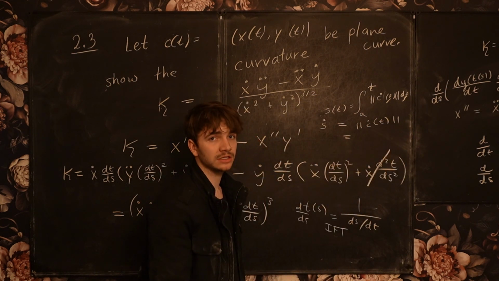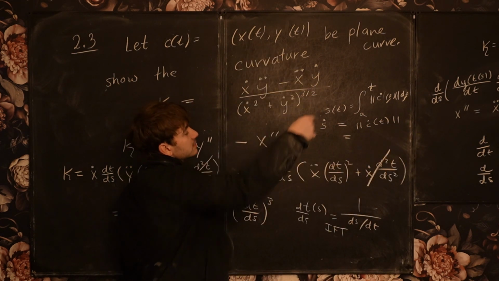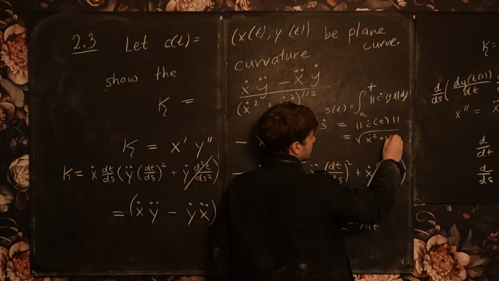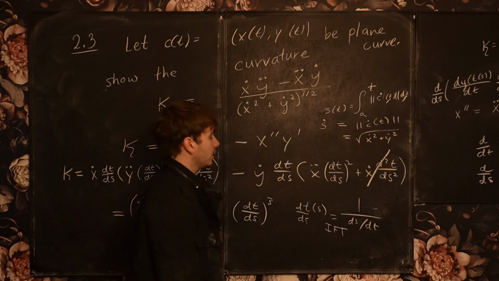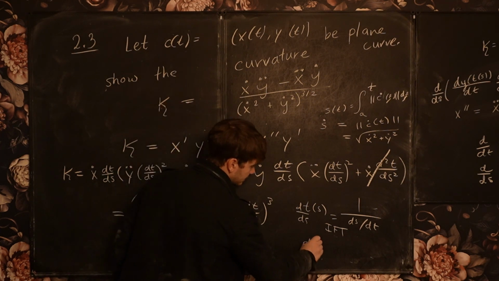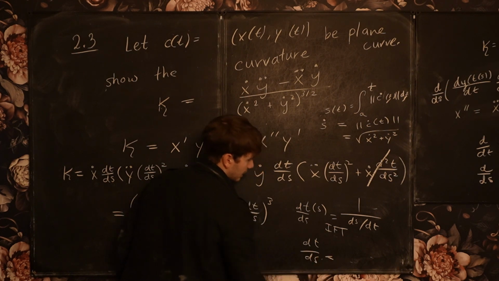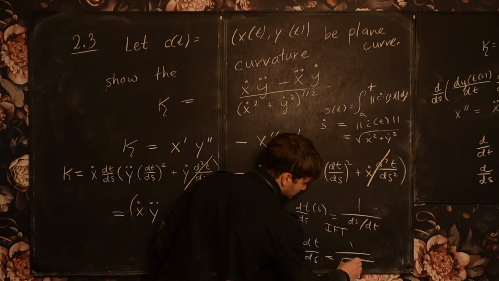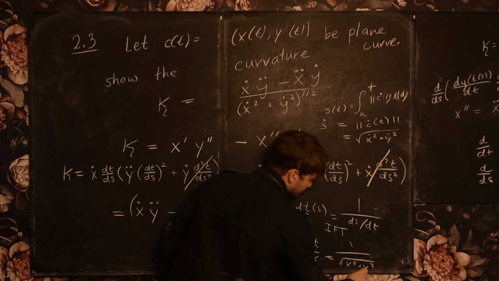Well, we know what c dot is, it's x dot, y dot. So this is just the square root of x dot squared plus y dot squared. Then by the inverse function theorem, dt over ds is just 1 over the square root of x dot squared plus y dot squared.